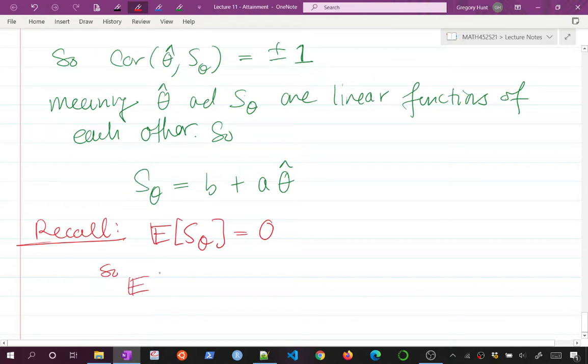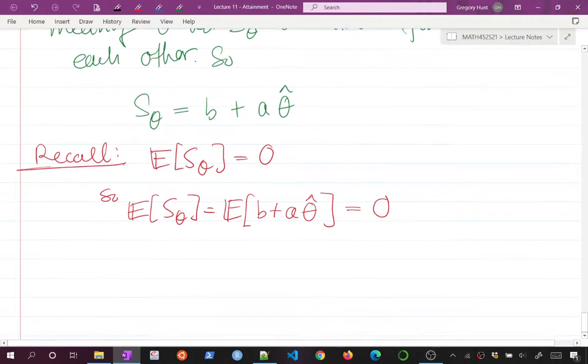So, of course, if we achieve the Cramer-Rao bound, the score is perfectly linearly related to theta hat, then the expected value of the score is the expected value of b plus a theta hat, and of course that has to be 0.